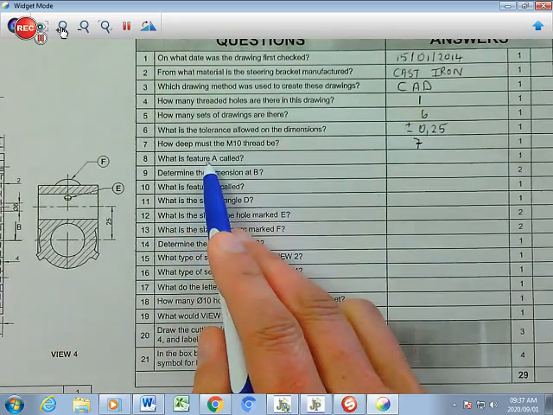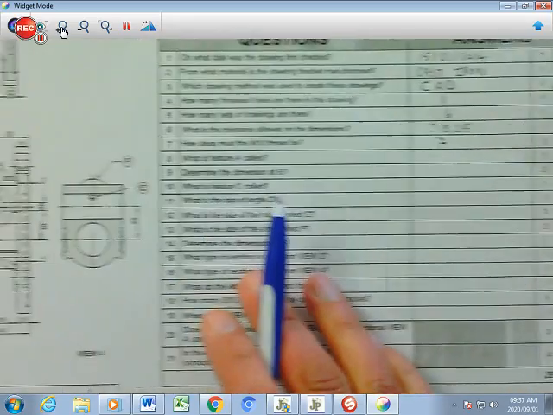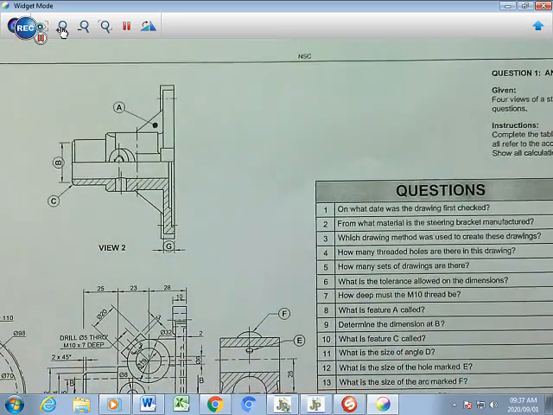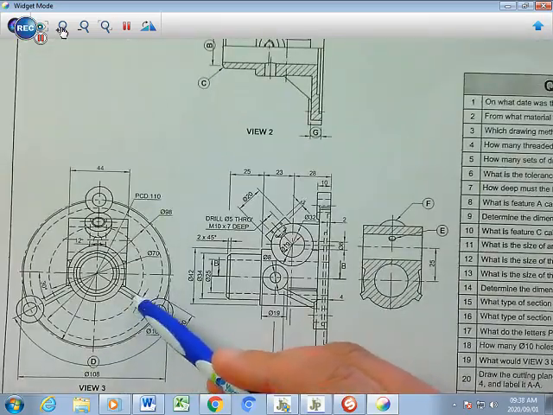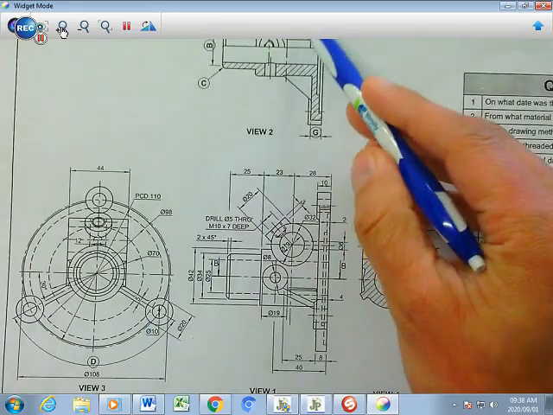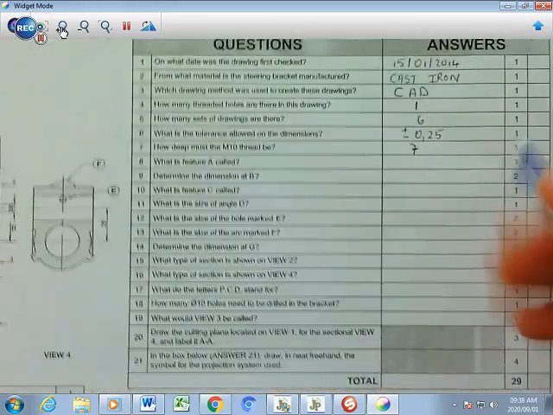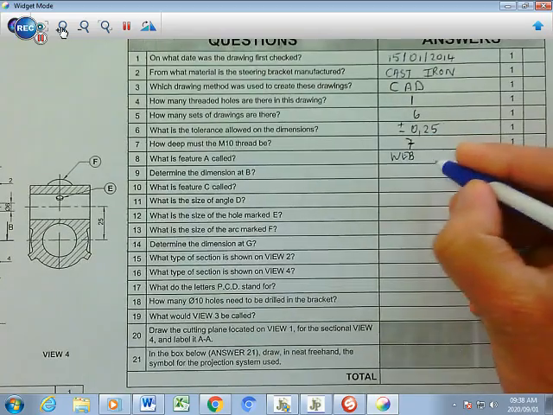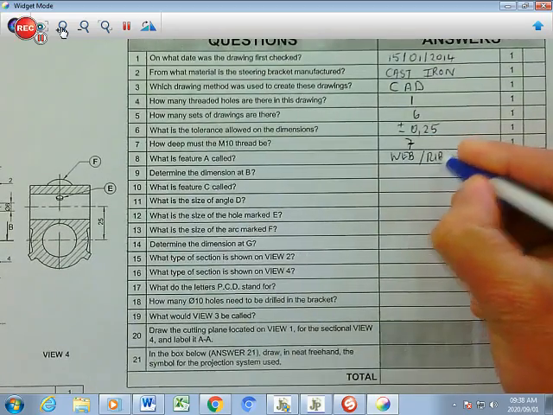What is the feature at A called? And you're going to find A right here at the top. There's A. It refers to that middle section there, that's all A. That is called a web, or a rib. So you're going to write here web or rib. Both will be acceptable.